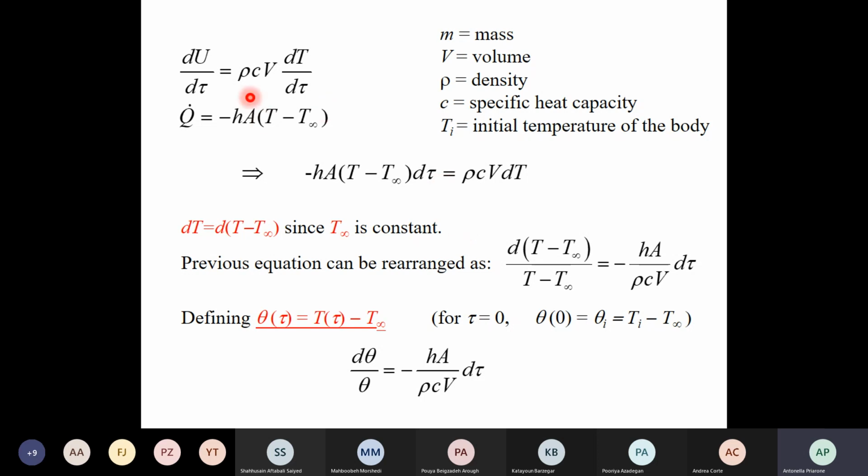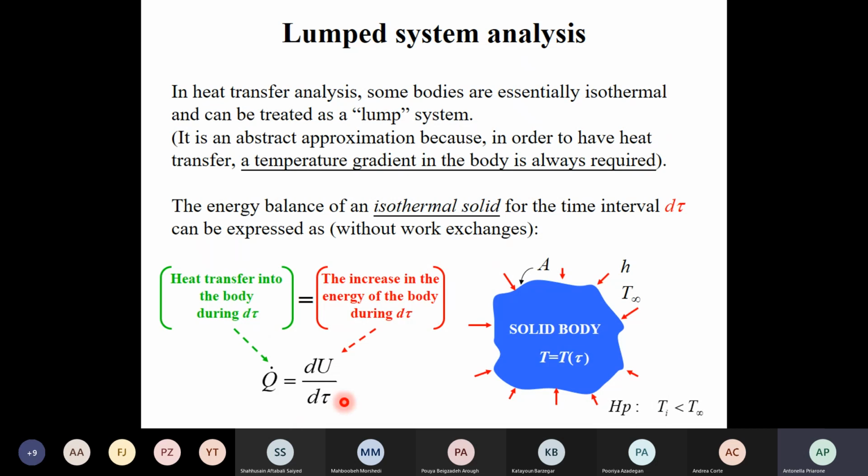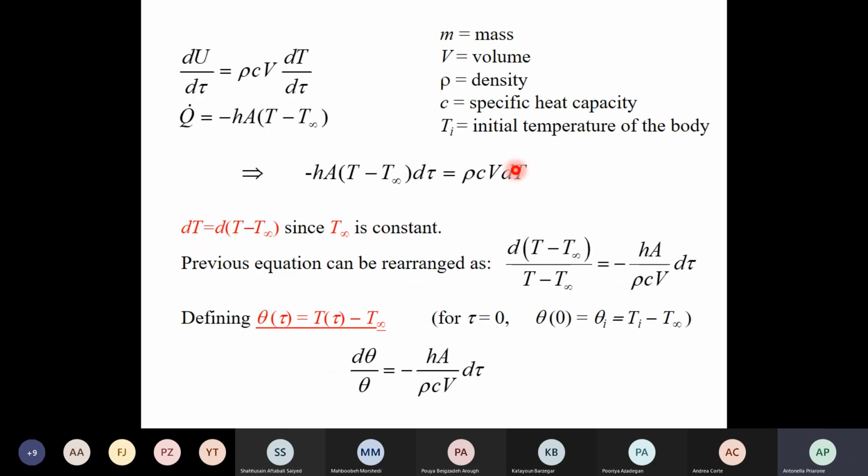Substituting the two expressions here inside the energy balance written at the beginning, I can obtain this equation. This equation is after having multiplied both sides by d tau. Okay?